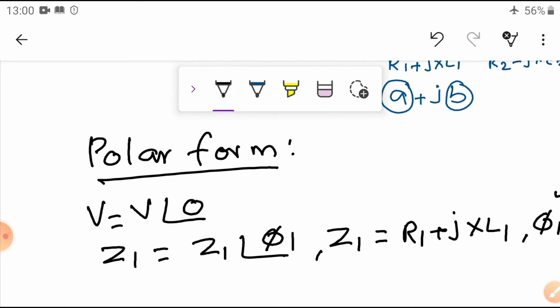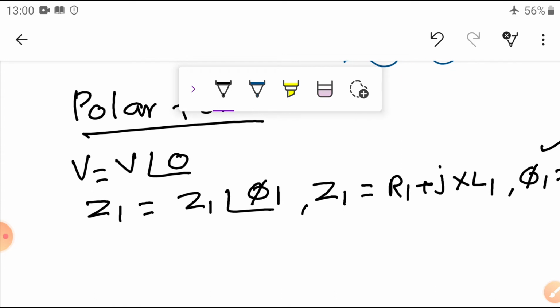So we know the angle, we know this value. From that I can calculate easily the current. Similarly, we calculate Z2. Z2 is at an angle of phi 2. What is Z2?